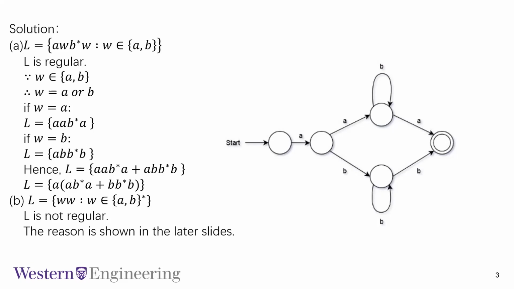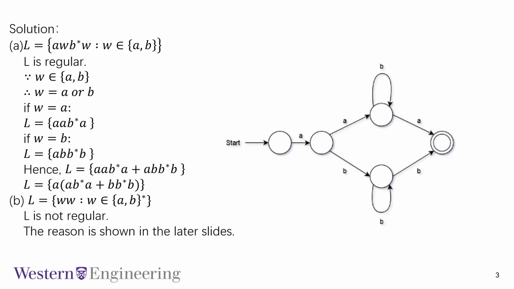You can do it according to the question. If the question only needs you to draw the DFA or NFA, you can just draw it. Okay, that's great, thanks a lot.